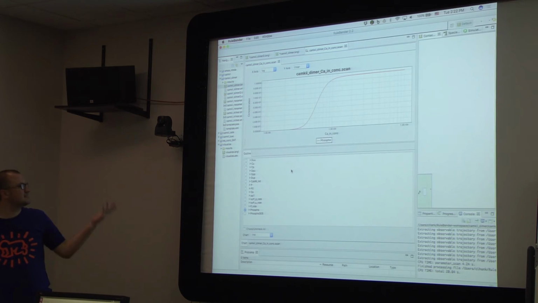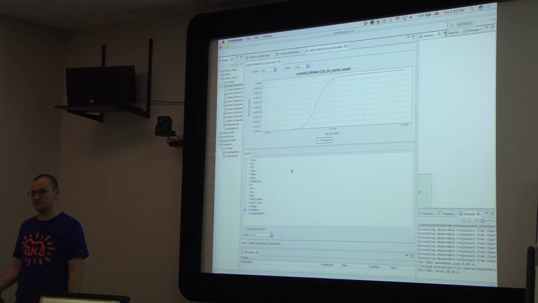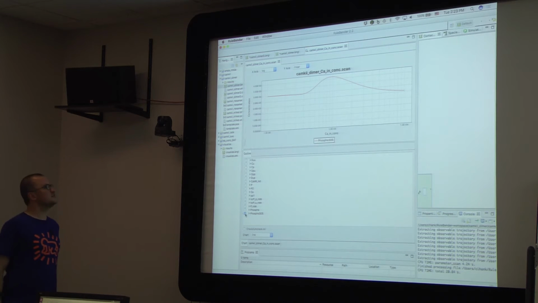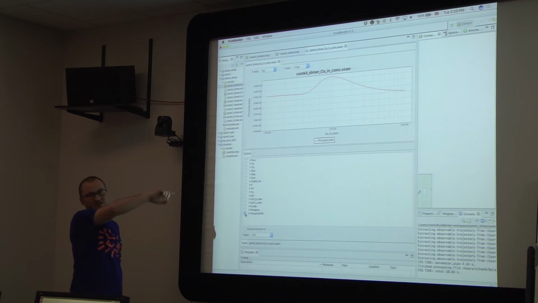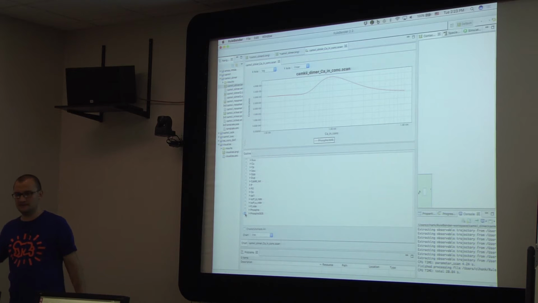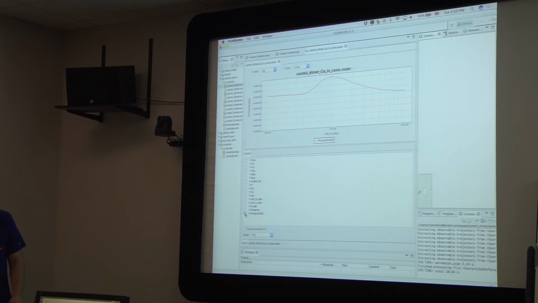So this is a very simple thing that you can do with this model. Or there's another thing that I want to show, which is the 305 phosphorylation. It starts somewhere, and then around 10, it just makes a bump, and then it gets reduced to a lower level. And that's another interesting feature.